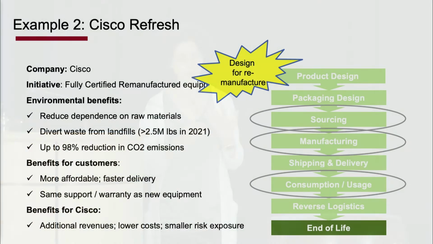I also want to point out that for such programs to be successful, it's important to start thinking about remanufacturing early on when you first design the product, because features like modular design or no use of adhesives can make it much easier later on to repair and upgrade this equipment.